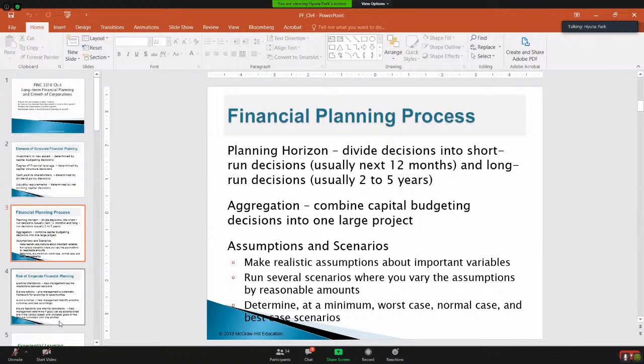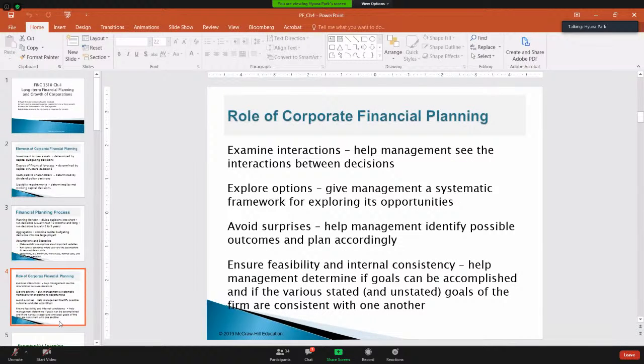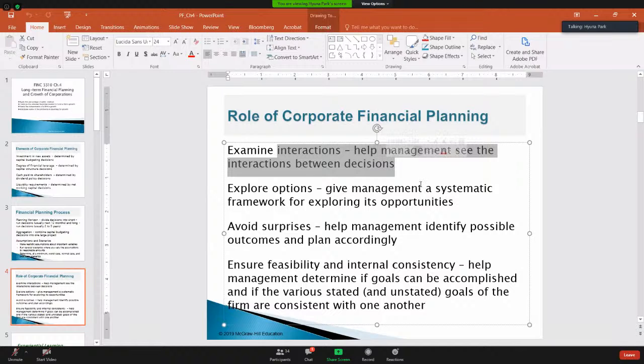And then, what is the role of financial planning? It is exploring options and examining interactions. As you see, across the 4 areas there are many decisions: different projects, different financing tools, working capital. These decisions may be related to each other, so if one decision is made, it has implications for the others.